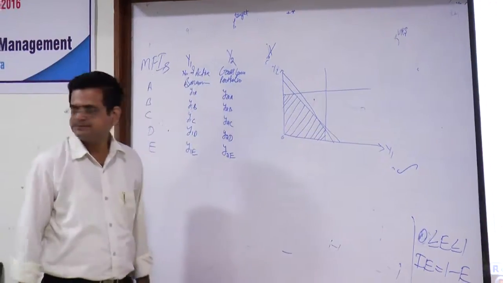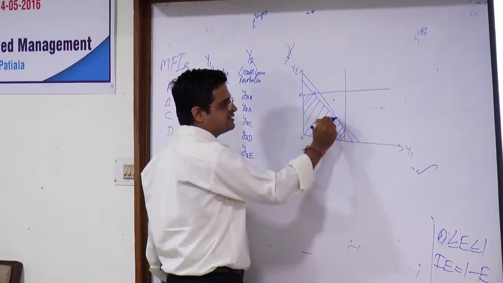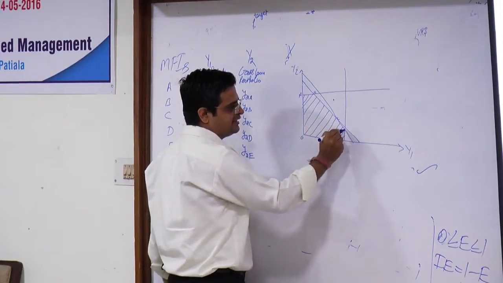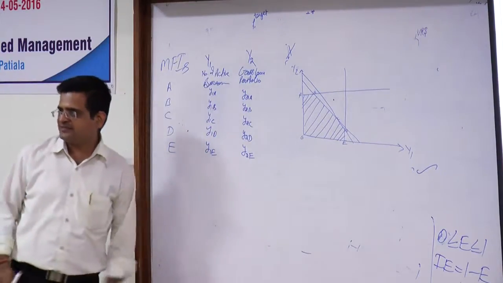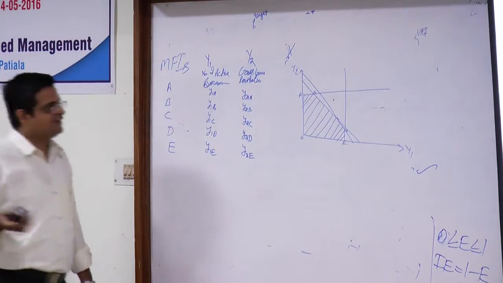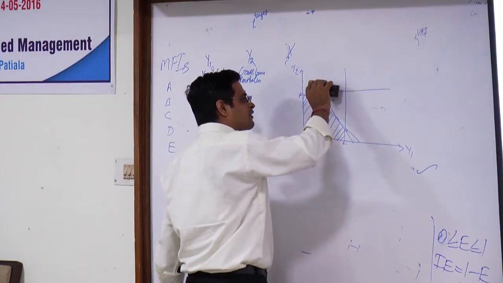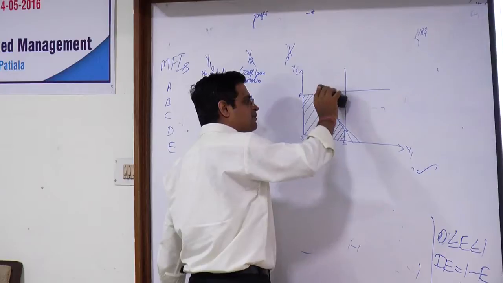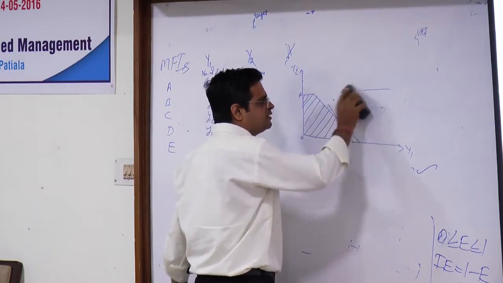O, A, B, C, D and E. This is the feasible region. If I remove all infeasible combinations, I do not have to bother about infeasible combinations.